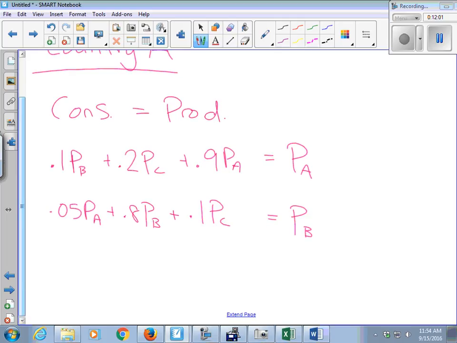And then we do the same for country C. Its production we'll just call P sub C, and then we set that equal to its consumption. How much stuff does it use? It gets 5% of country A's production. And then how much of country B's production does C consume? 10.